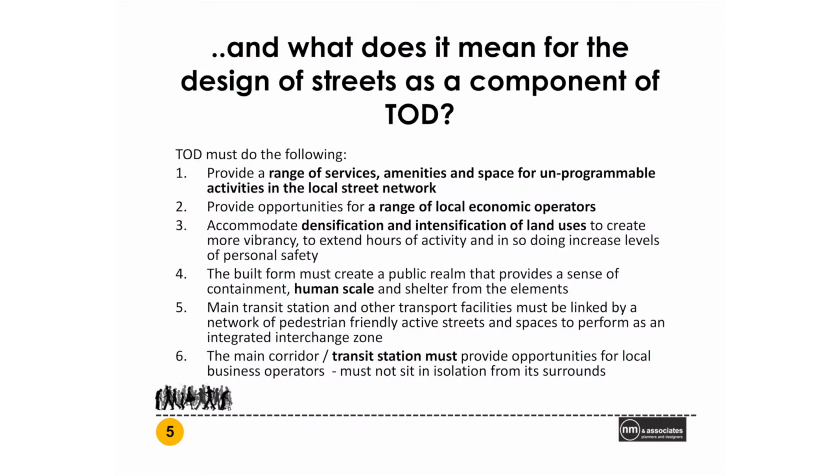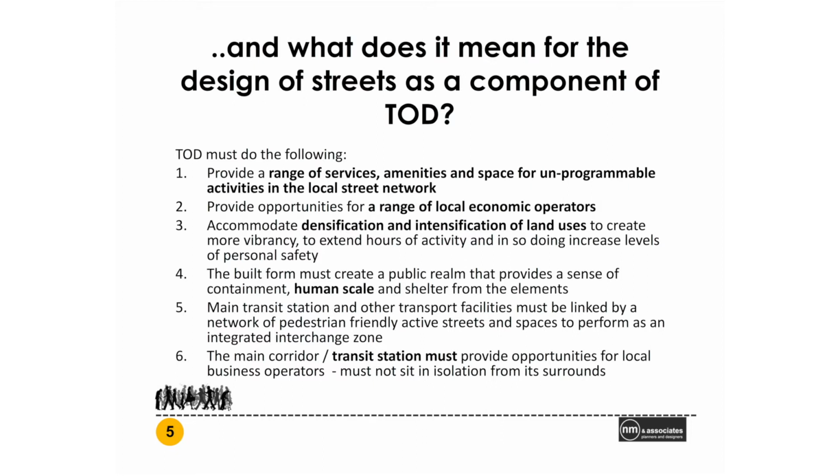And what does it mean for the design of streets as a component of TOD? Well, then we need to specify that TOD must do X number of things, including provide that range of services, amenities, and space for unprogrammable activities, whether those are economic or social. They need to provide for a range of local economic operators to find their place in that system.